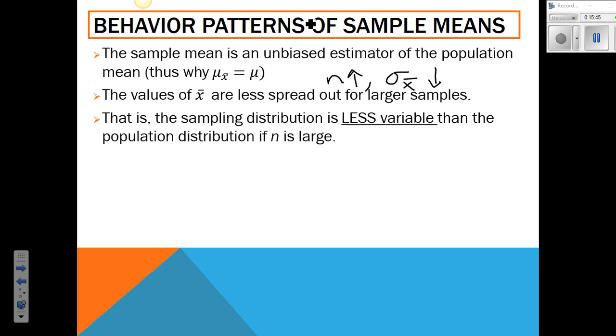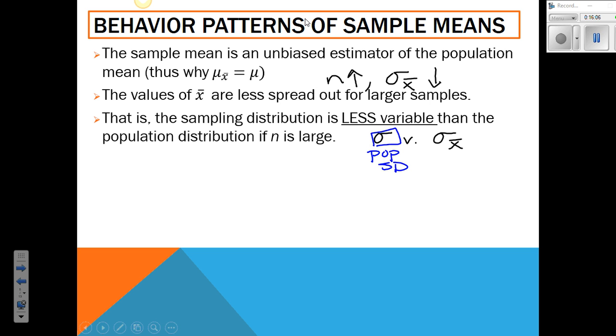And that's definitely true in comparison to talking about sigma versus sigma sub x bar. Do you guys know the differences and the similarities between sigma and sigma sub x bar? Some of you guys are saying no. This is the population standard deviation, right?